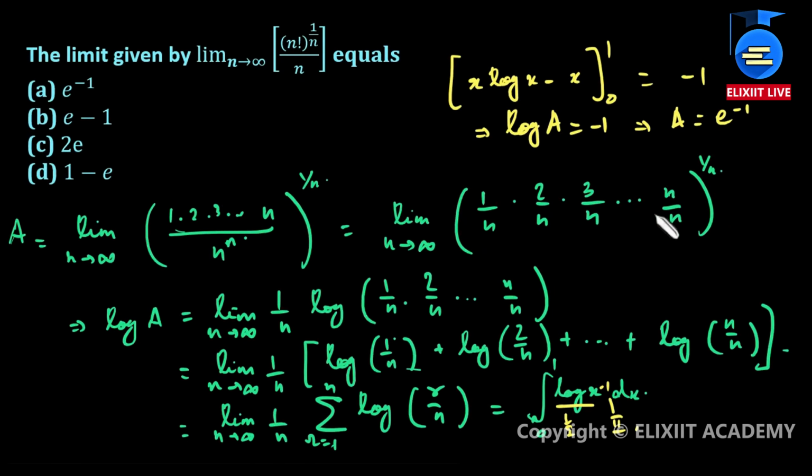I hope this Riemann sum method is clear. Let's see one more way to solve this particular question, which is known as Cauchy's second theorem on limits.